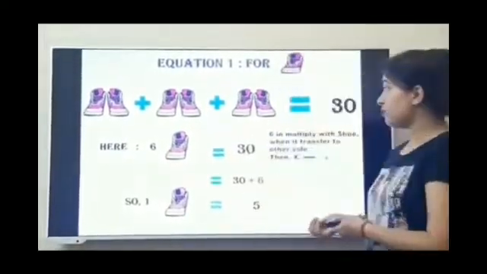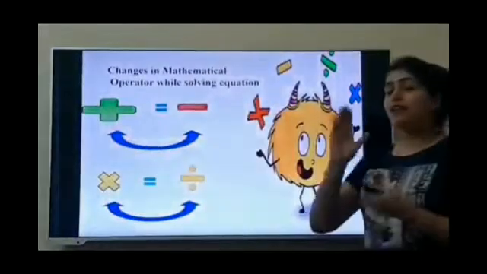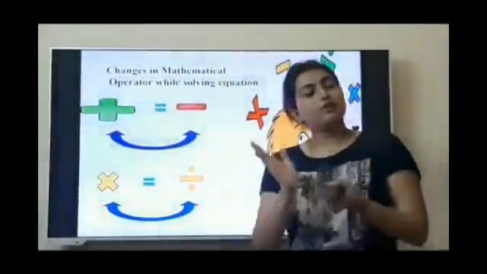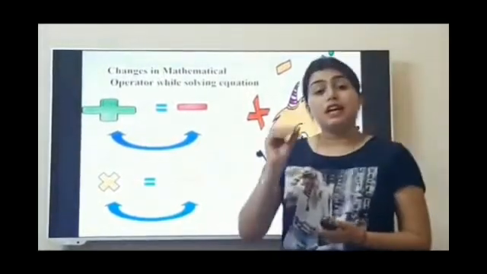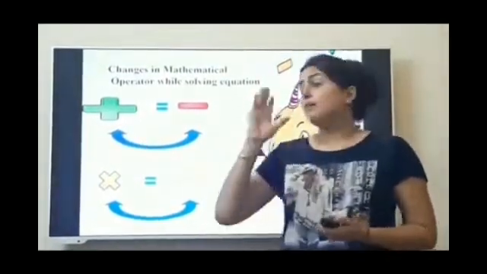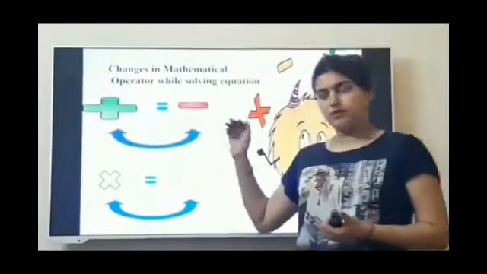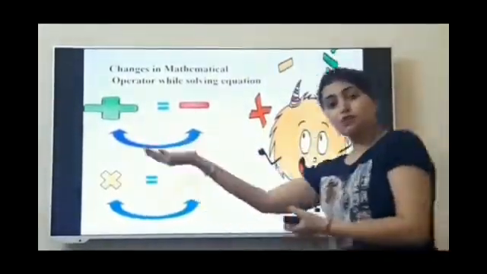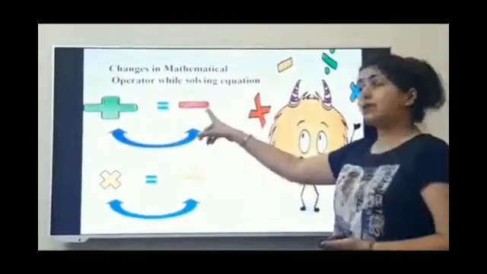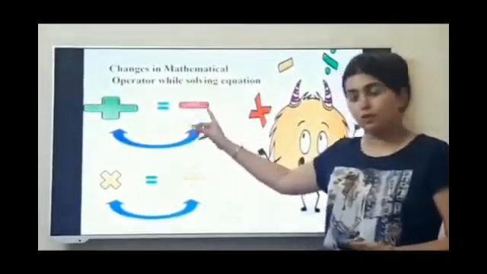How? So students, when we transfer any number from one side to the other side, there will be a change of mathematical operator. If any number is in addition on one side, and you move it to the other side, then it becomes negative, minus.